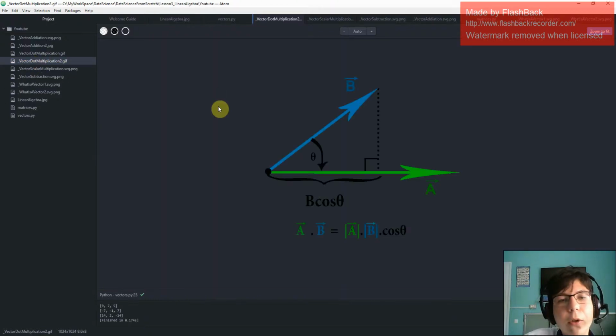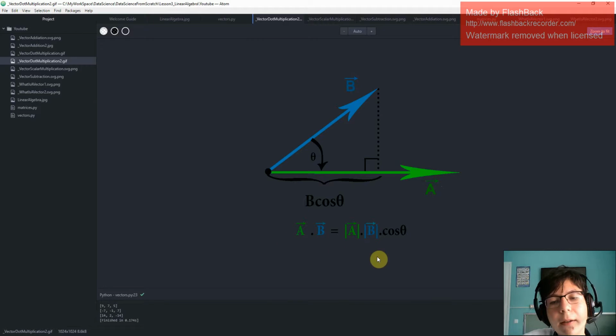The dot product of the two vectors also has a geometrical interpretation. So if you take the projection of the second vector on the first vector, and then you multiply the magnitude of that with the magnitude of the first vector, you obtain the dot product.